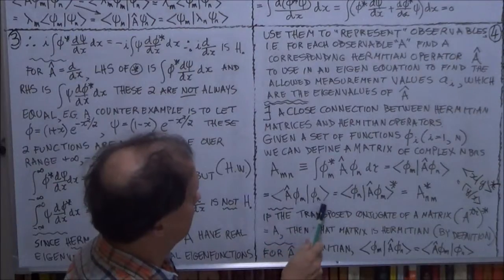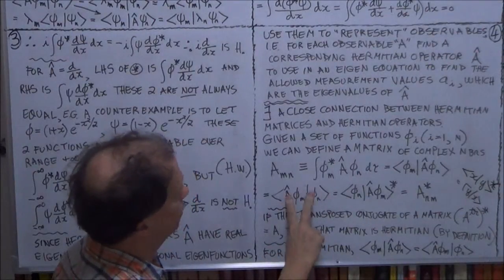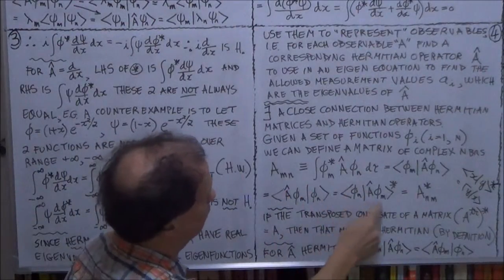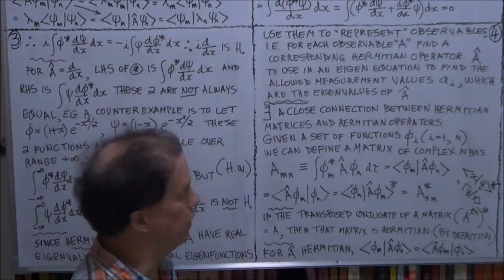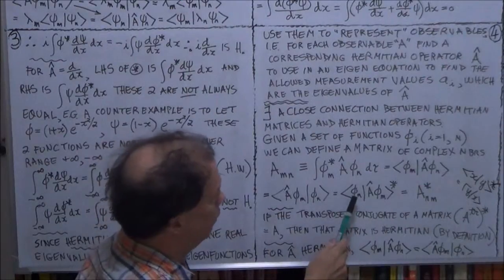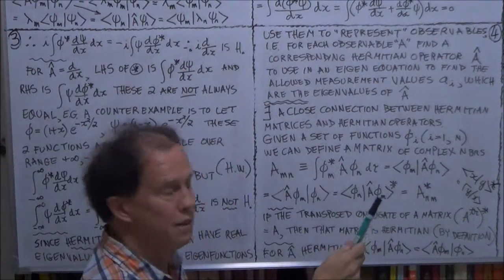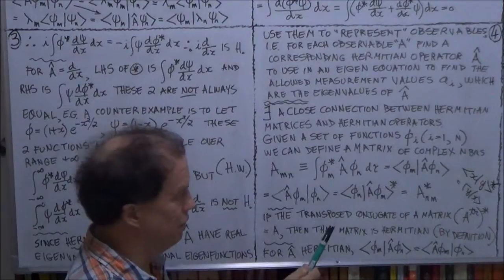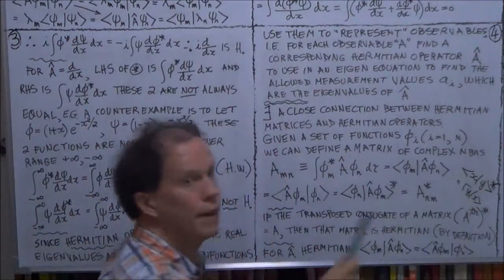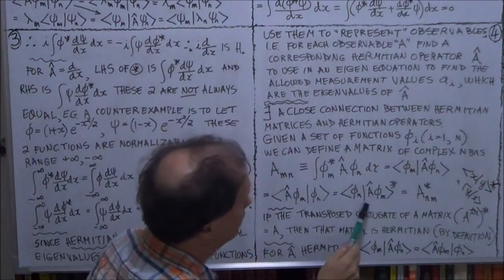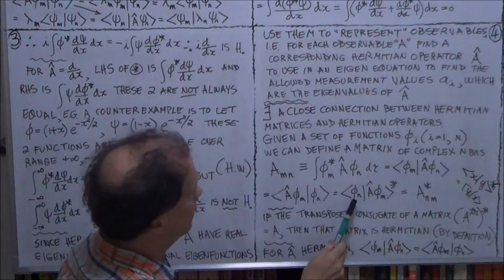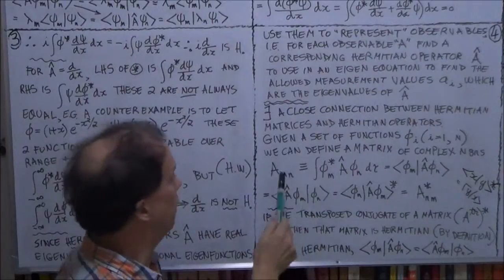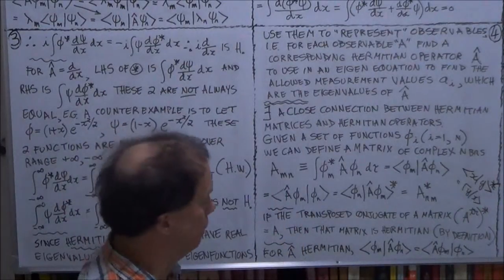Now I can rewrite this. I can reverse it and then star, or conjugate, it. If I reverse and star, I just get back to what I started with. But what is this? By definition, it's the definition of an element of a Hermitian matrix.